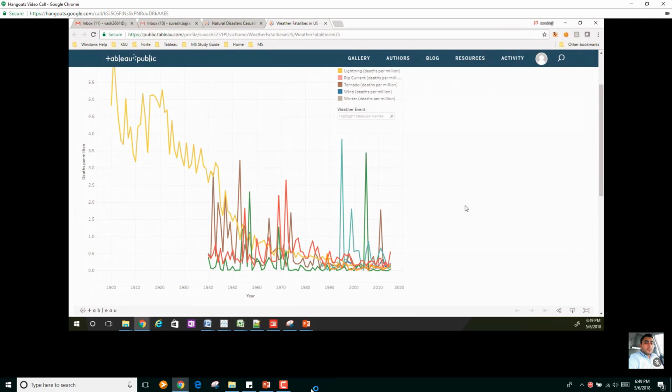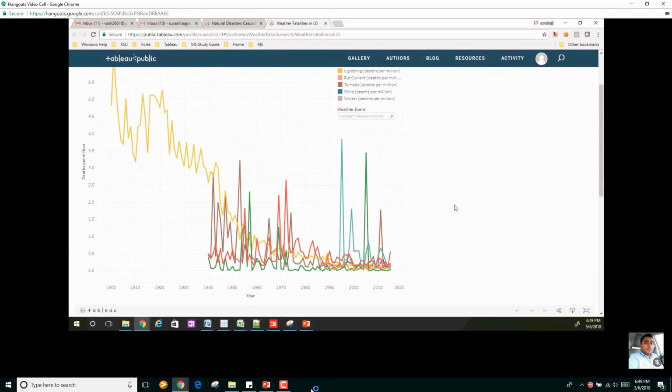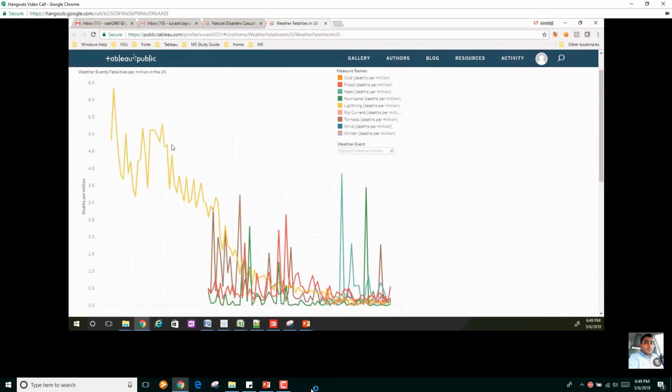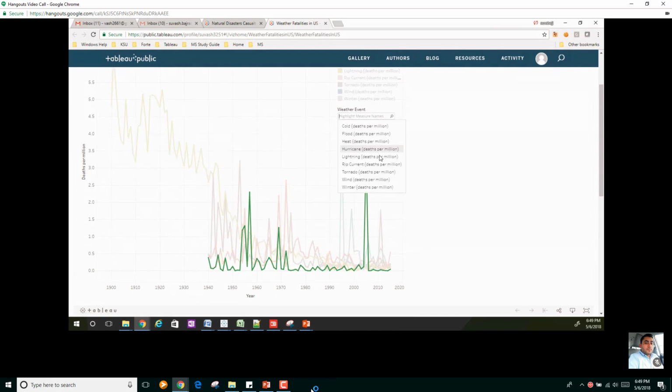And the interesting thing about this slide was the death per million for lightning. So it seems like there were a lot of people being killed by lightning back in the 1900s, all the way up to the 1940s. Even now, there are people dying of lightning. Let me put lightning here quick.